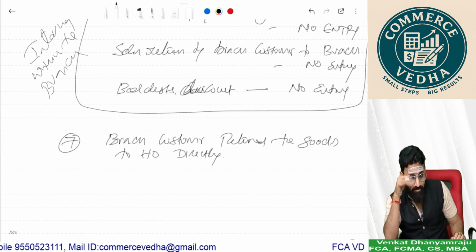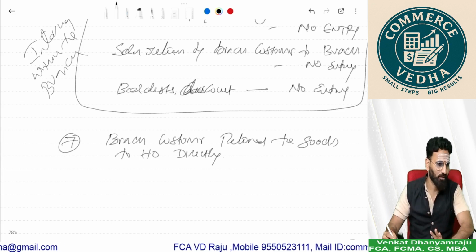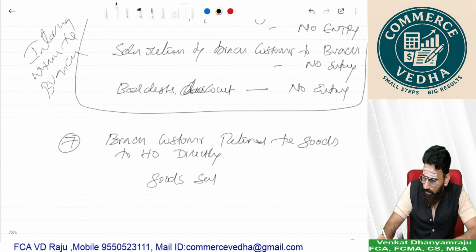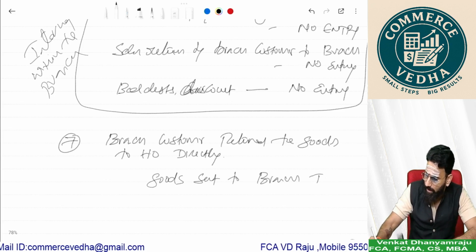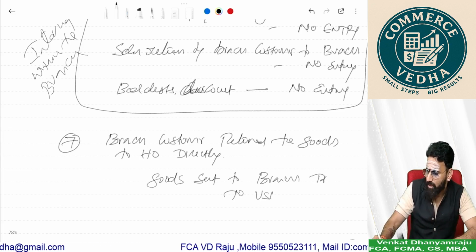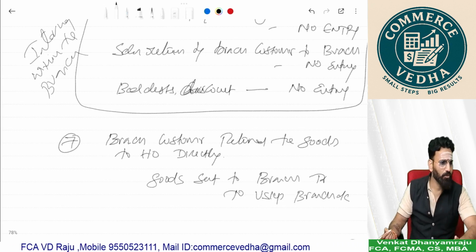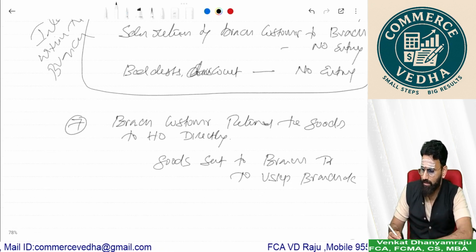Now HO received the goods back as if it is received from the branch. We should write goods sent to branch, debit to branch account, as if the branch has given you back. Though the branch customer has given, you should record as if the branch gave you back.